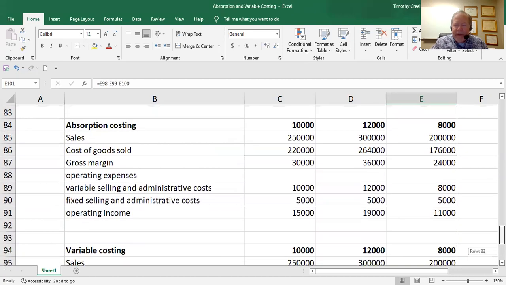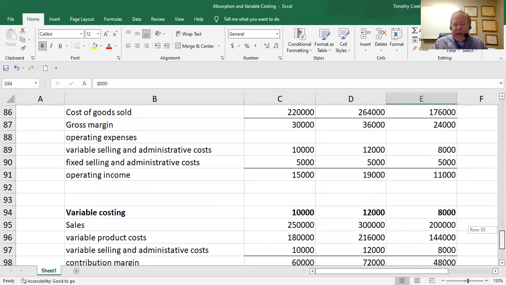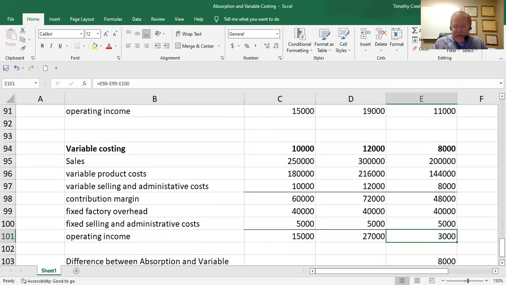Okay, now notice that again, when we produce more than we sell, we're producing 10,000 units, only selling 8, operating income will be higher under absorption rather than variable. And this is kind of what I was saying earlier, that if you overproduce, if you produce more than what you sell, you're going to have better operating income under absorption than variable.